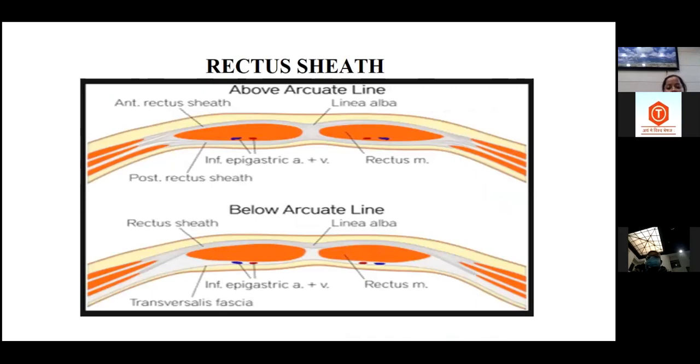Above the arcuate line, the anterior rectus sheath is formed by the aponeurosis of the external oblique muscle and the anterior lamina of the aponeurosis of the internal oblique, and the posterior rectus sheath is formed by the posterior lamina of the aponeurosis of the internal oblique, the transverse abdominis aponeurosis, and the transversalis fascia. While below the arcuate line, the posterior rectus sheath is formed only by the transversalis fascia.